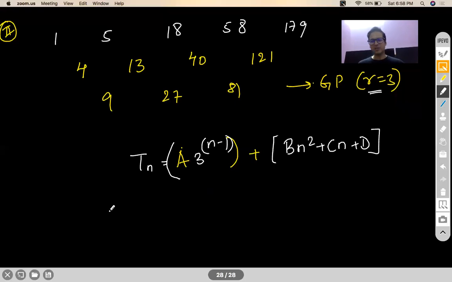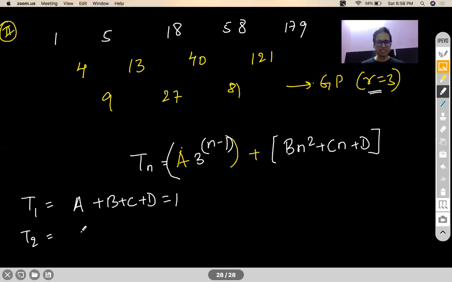Right? Now the big challenge here is, how do you know A, B, C and D? That is very simple. Just start putting your n as 1. If you put 1, you get A plus B plus C plus D equal to the first term, which is 1. Put n as 2, you get 3A plus 4B plus 2C plus D equal to 5.